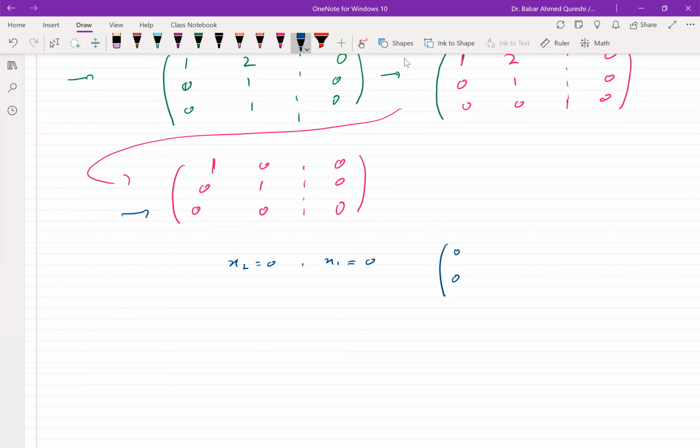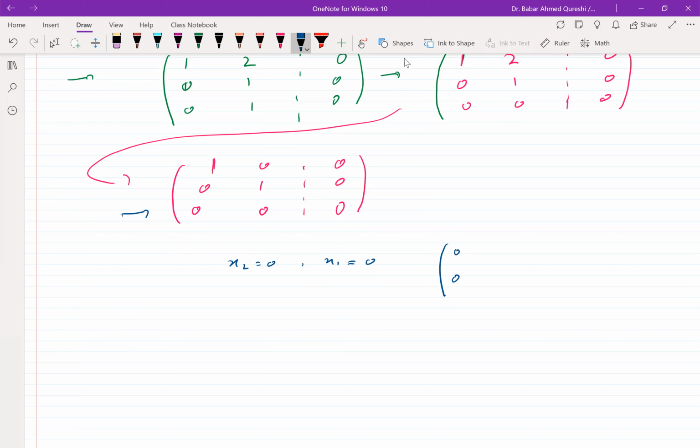So this gives me x is equal to minus 2y, and I put it here. So this becomes minus 2y plus 3y plus z is 0. So y plus z is 0. That means z is equal to minus y.